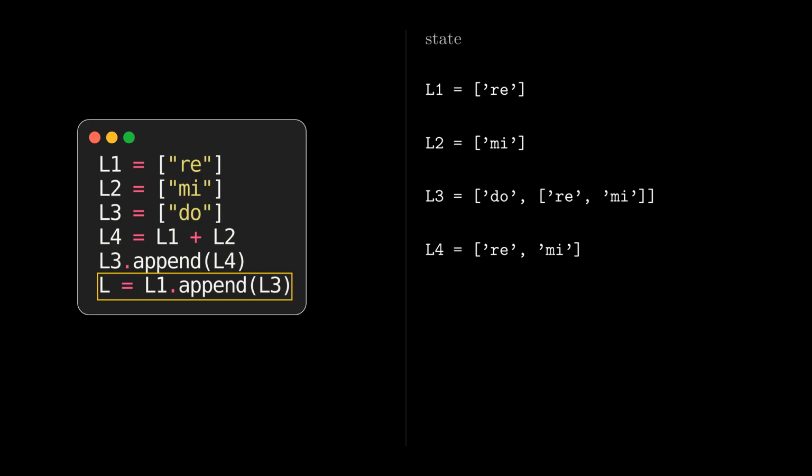The right-hand side changes L1, not L3. L1 started as just "re", and we append L3 onto its end. Remember, L3 is now "do", followed by the list ["re", "me"], so L1 becomes "re", followed by that entire nested list, and because append returns None, the name L on the left becomes None.